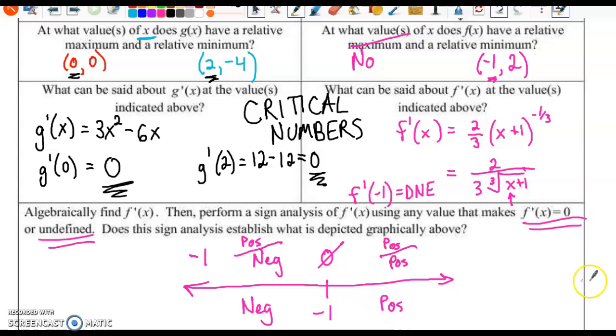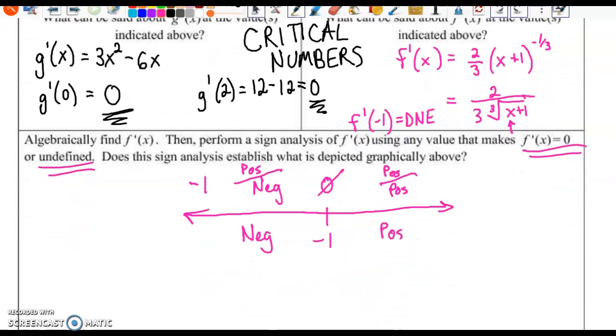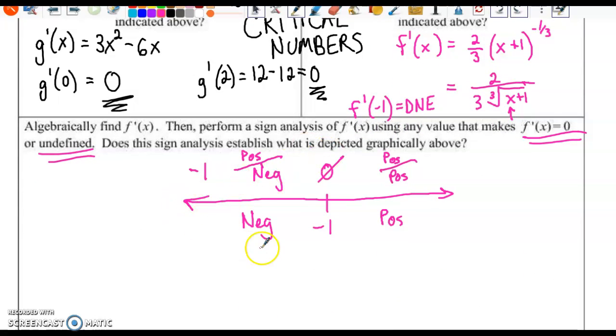So the reason why we do a sign analysis for the derivative is that if the derivative is negative, then we're going from decreasing. And if the first derivative is positive, we're going to increasing. So what's the only way to go from a decreasing to an increasing problem? x equals -1 is a relative min.